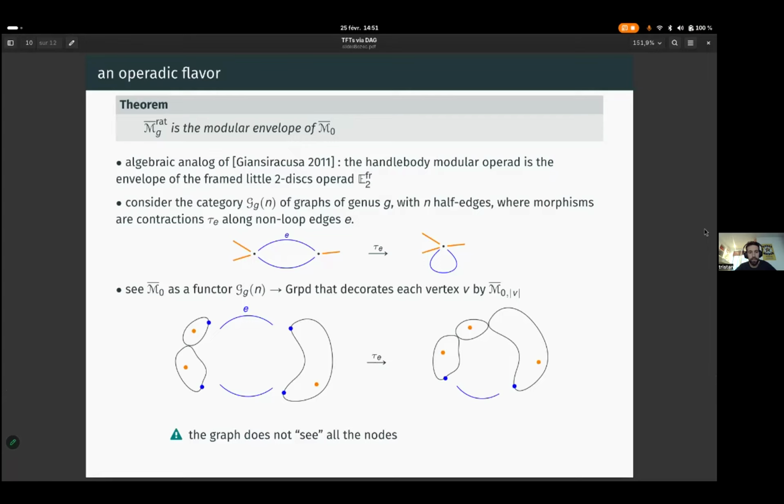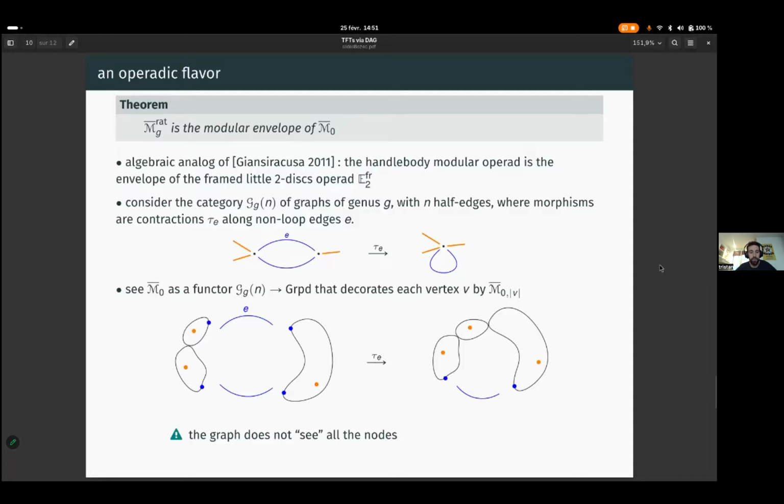Now it's convenient to see M0 as a functor from this graph category to groupoids. Basically it means that at each vertex in my graph, I put a genus 0 marked curve.